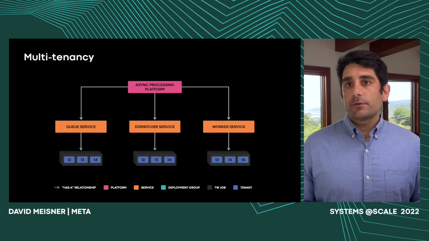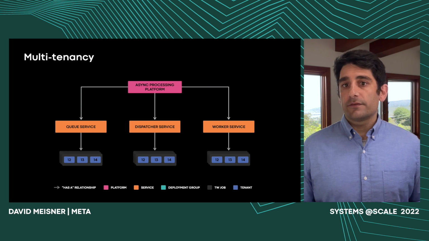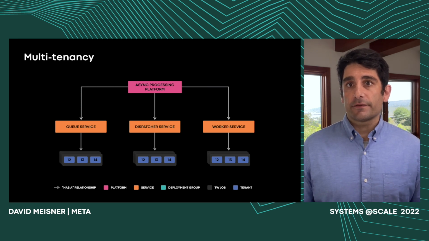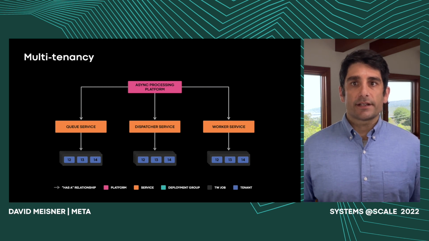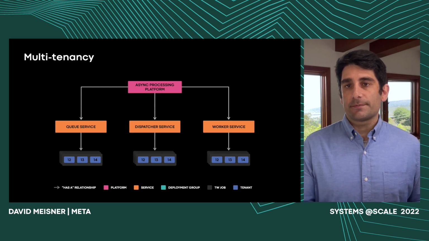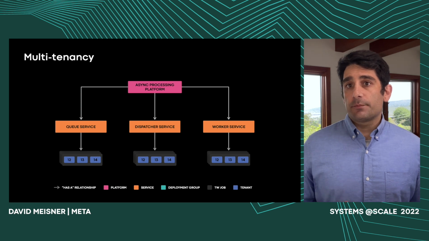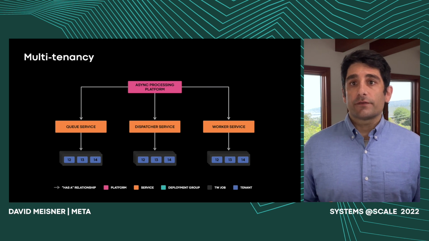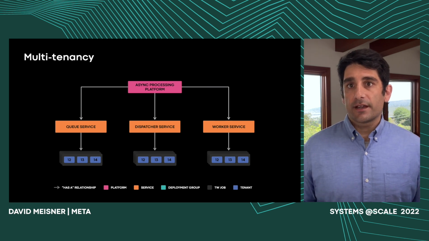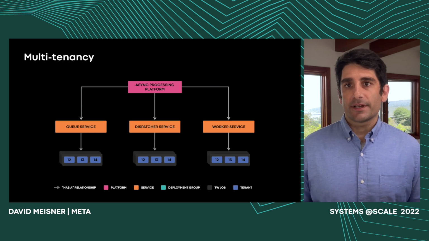So you can track the work that's being done for tenant 12 in the queue service and the worker service. This allows us to have much more powerful capabilities in expressing how we want to subspecialize based on tenant. For example, you can set configuration settings for these tenants, or you can do things like aggregation of cost across your platform in a first-class way because it's all supported by the service data model.